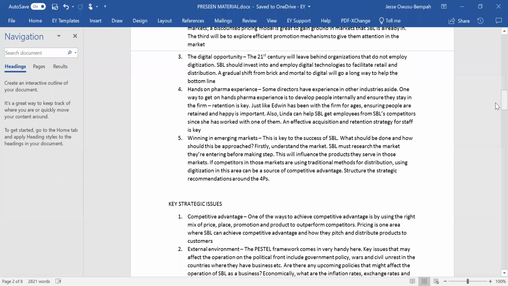Yeah, I've got one. Please, the digital opportunity. Would you have to specify the area that the digitization should take place with respect to the division, either the manufacturing, retail, wholesale? Do you have to specify?